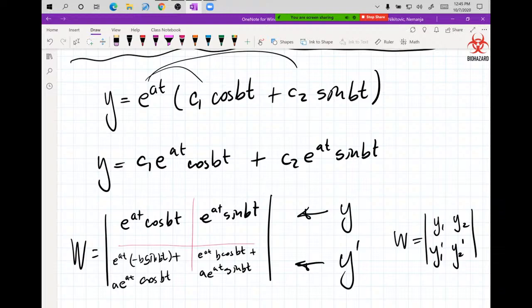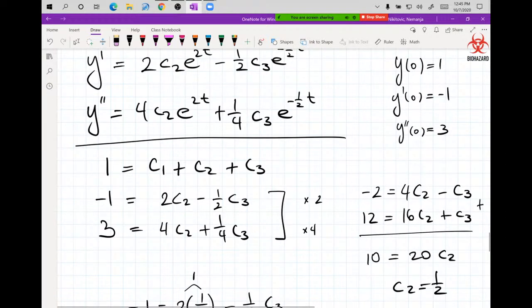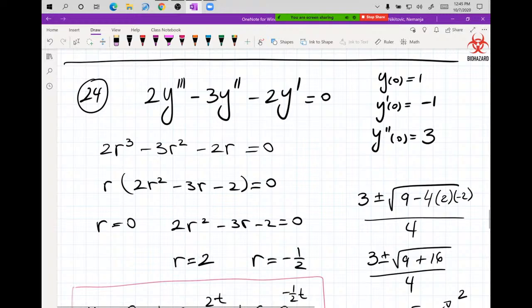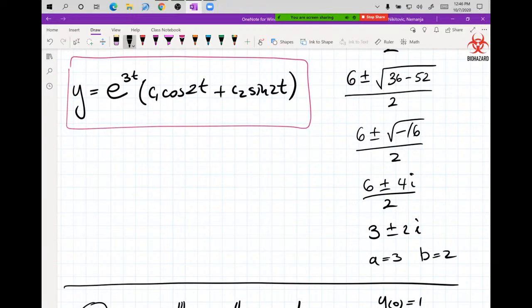Good question. Anything else? When we're doing the complex roots, how do you know, because b could be positive or minus, right? So how do you know what to make b? Okay, so the b is always a positive value because that plus and minus is actually worked in from the theory, and that's why one is sine, one is cosine. So b is always positive, and a could be a negative number.